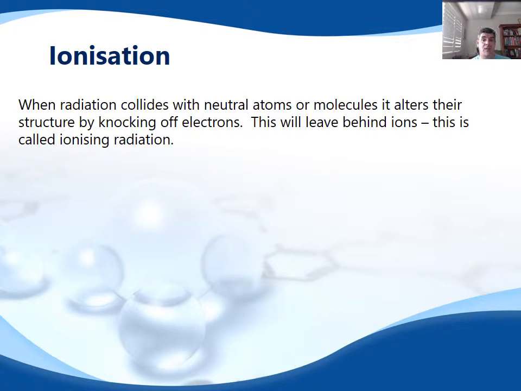So when radiation collides with atoms or molecules, it can change their structure, and the way that it does that is to basically, like billiard or pool balls, knock the electrons out from the atom. And once it does that, when an atom loses an electron, it becomes an ion, and hence we call this ionizing radiation.